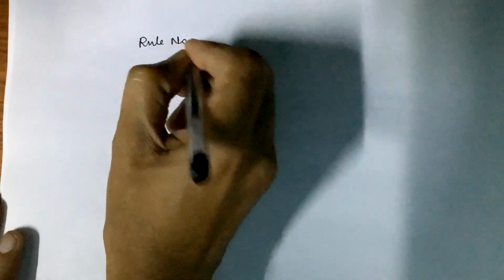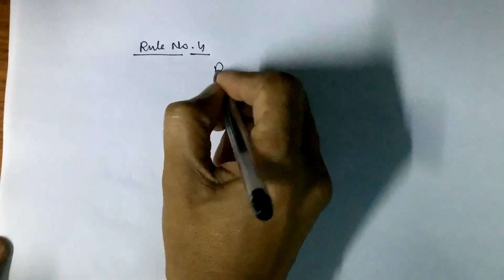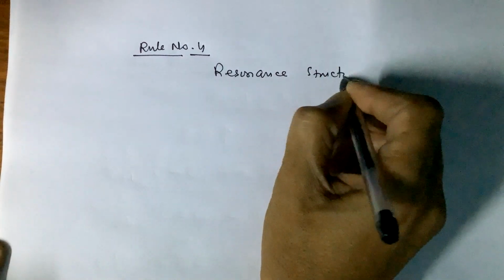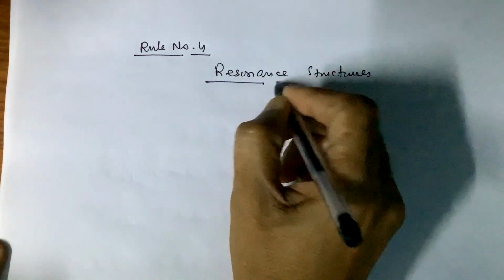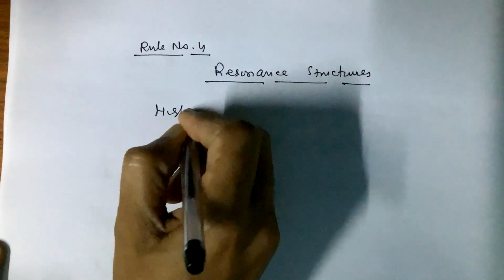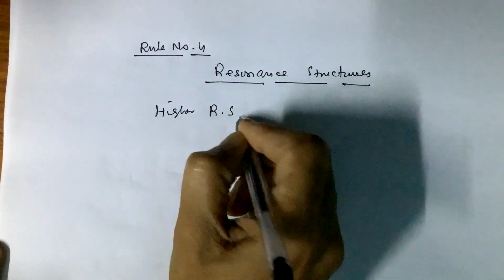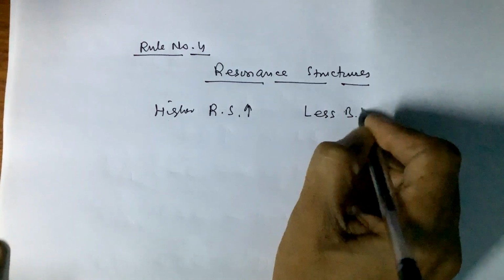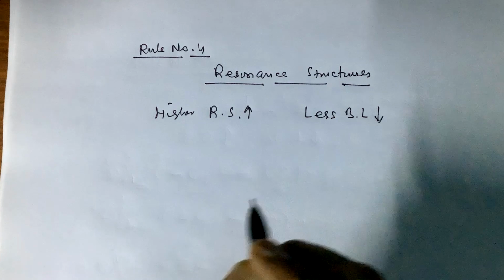Now we come to rule number 4, the resonance structures. The higher the resonance structures, the less will be the bond length. Bond length decreases.